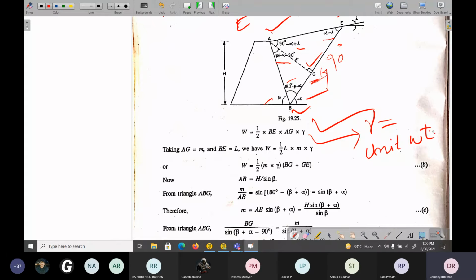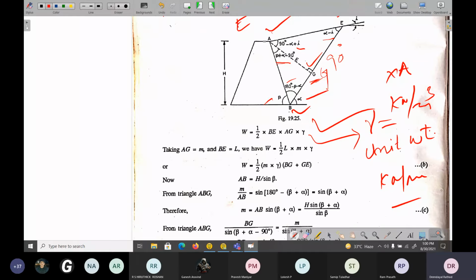That's all. Why are we not assuming volume? Because we are considering a plane surface, so per meter run we can assume it. The unit weight is kilonewton per meter cube, multiplied by area gives kilonewton per meter. We get the weight per meter.